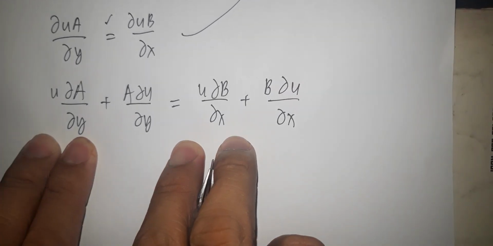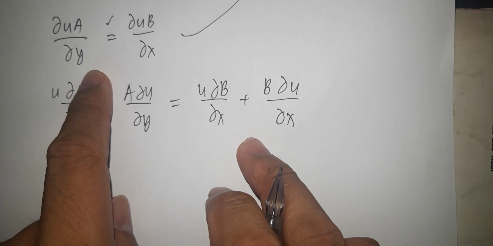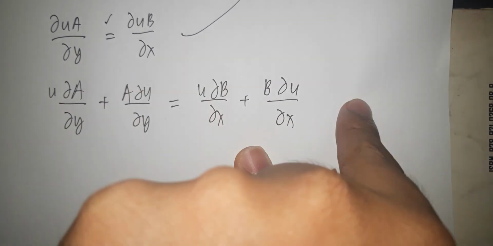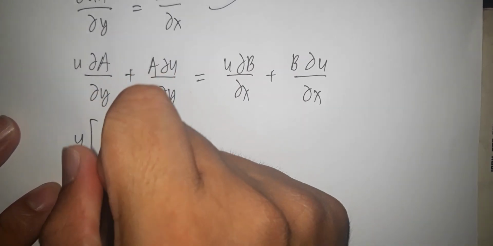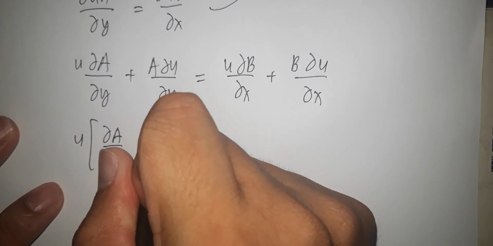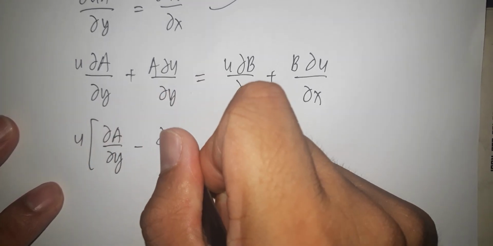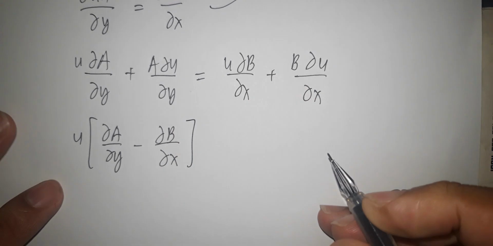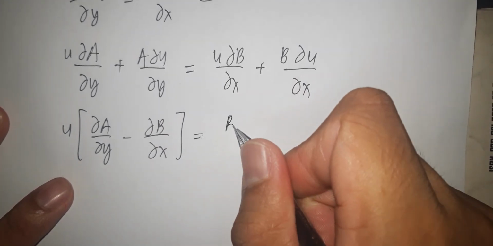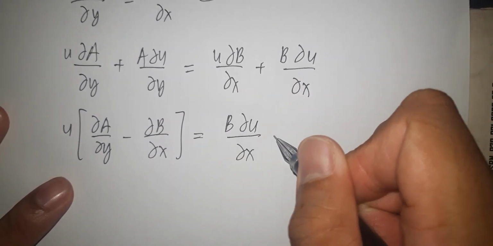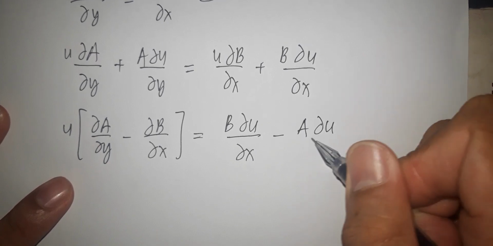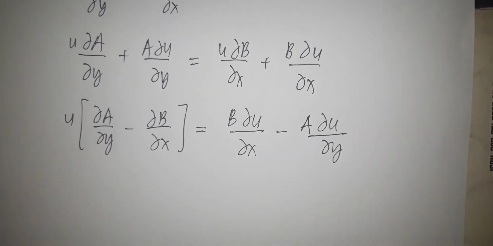Combining these two u's, transpose natin siya sa left, ito sa right naman. So, magiging u quantity, partial derivative ni A with respect to y, minus partial derivative ni B with respect to x, is equal to B partial derivative ni u with respect to x, minus A partial derivative ni u with respect to y.